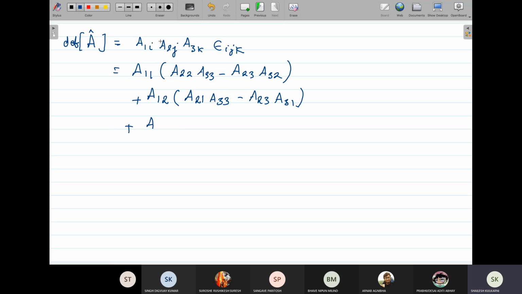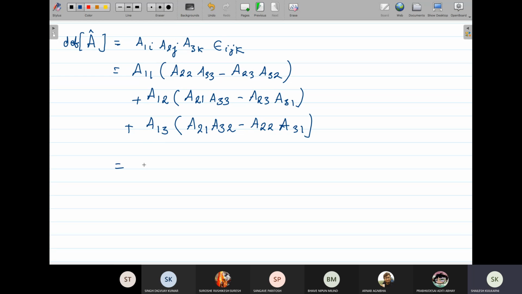Plus, now i is 3, so j and k could be 1 and 2: A21 A32 minus A22 A31. But this is what?